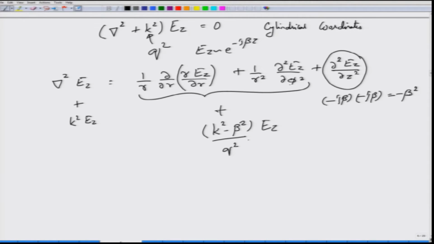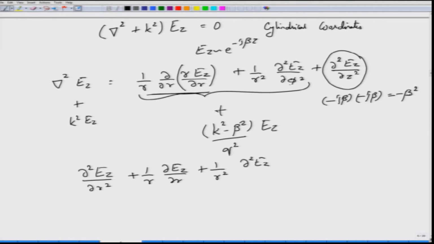After differentiating partially with respect to r twice and simplifying, you get del square Ez by del r square plus 1 by r del Ez by del r plus 1 by r square del square Ez by del phi square plus q square Ez is equal to 0, and you will get a similar expression for Hz as well.